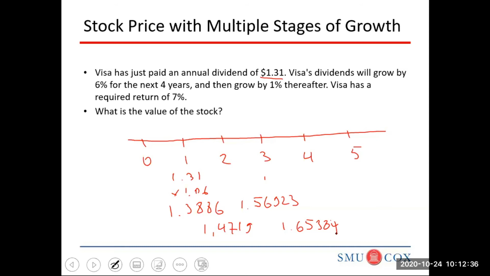Remember, in the growing perpetuity formula, you had in the numerator next year's dividend, right? So what's our next year's dividend? Dividend in year 5. What would that be? 1.65384 times 1.01.